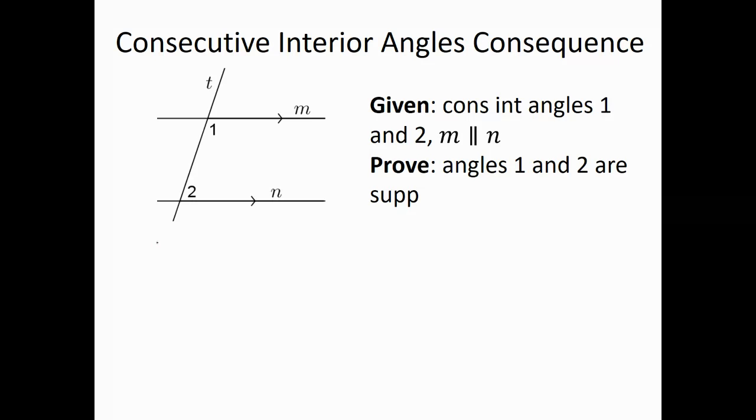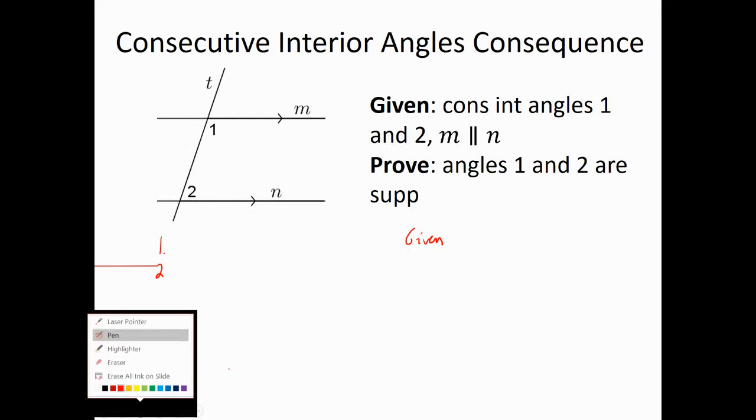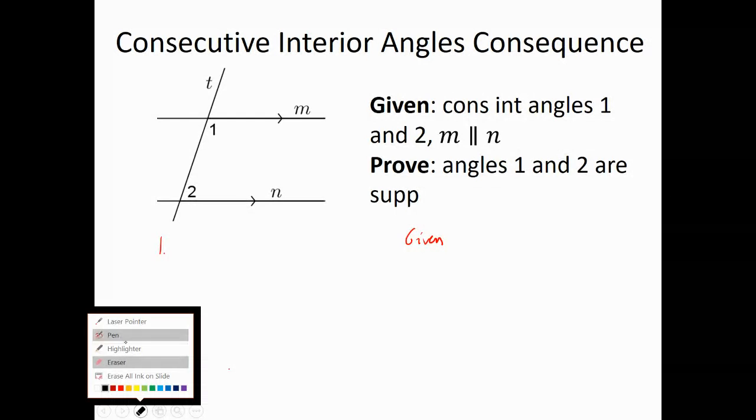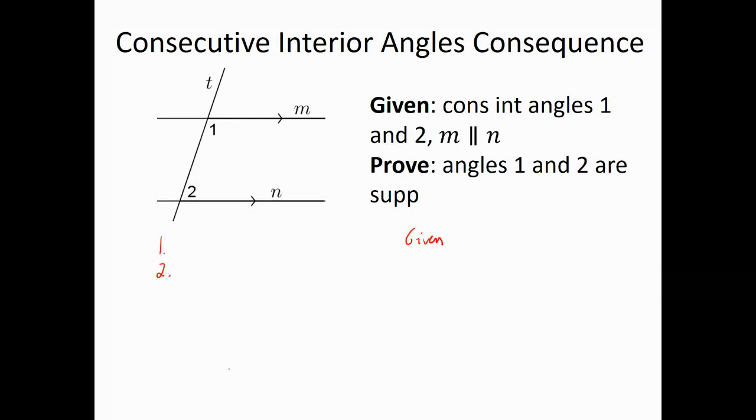As for how this would go, we have the given, and then line number 2. On line number 2, we're going to do work like what we did before. Let us introduce an angle name, 3, that forms an alternate interior pair with 2.